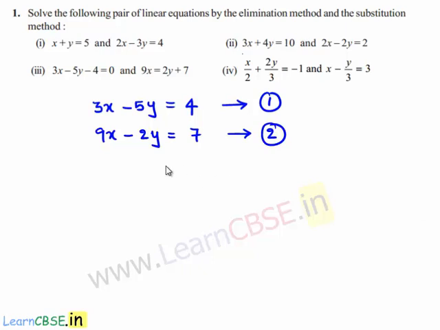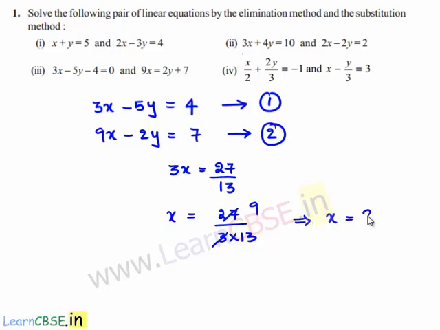Now we got 3x is equal to 27 divided by 13. So x is equal to 27 by 3 times of 13. 3 goes in 27 as 9. Therefore x is equal to 9 by 13.